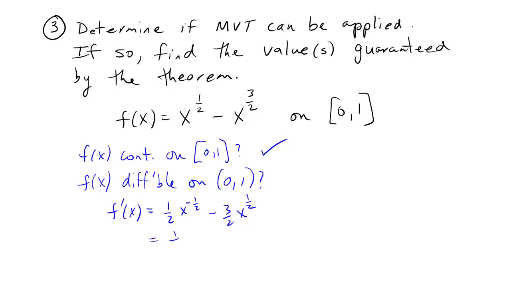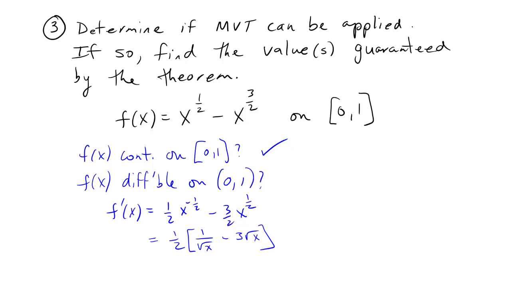Or in other words, I could factor out a 1/2 and make this a little nicer: 1/2 times 1 over the square root of x, because it's 1 over x to the 1/2, minus 3 square root of x, just to look at it a little nicer.